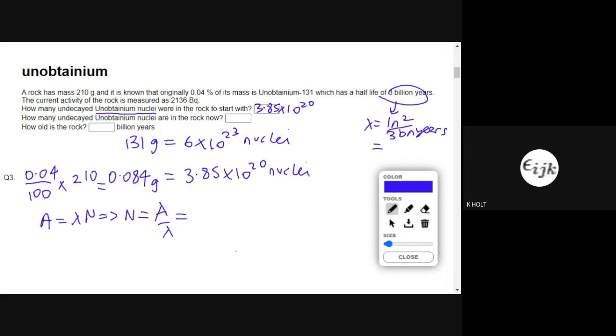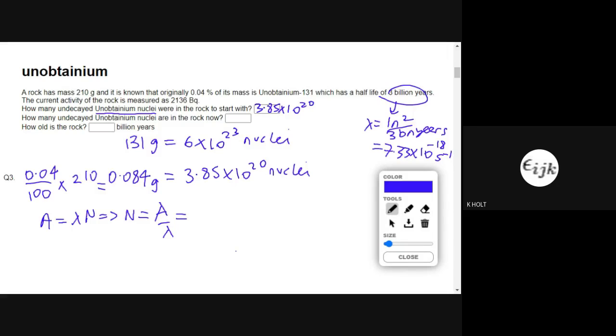So it's ln2 divided by 3 times 10 to the 9, divided by 365, 24, and 3600. Which is 7.33 times 10 to the minus 18 per second.